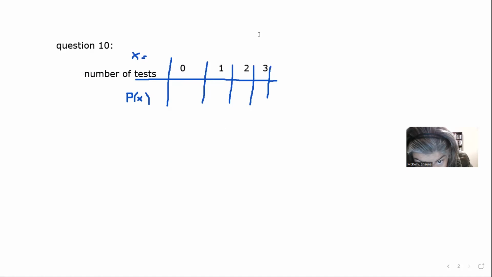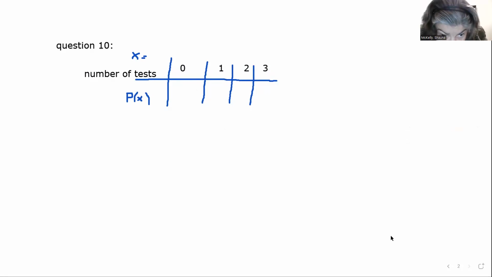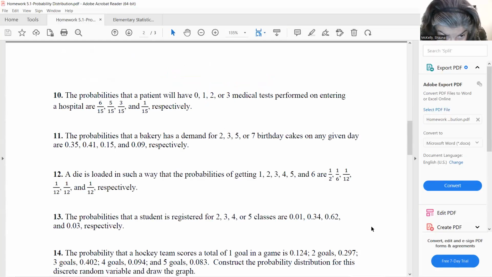I don't need this line here. Okay, so now I'm going to put the probabilities underneath. So in this case, they give them to me. So I'm going to put them in where they belong. Okay. 6/15, 5/15, 3/15, and 1/15.